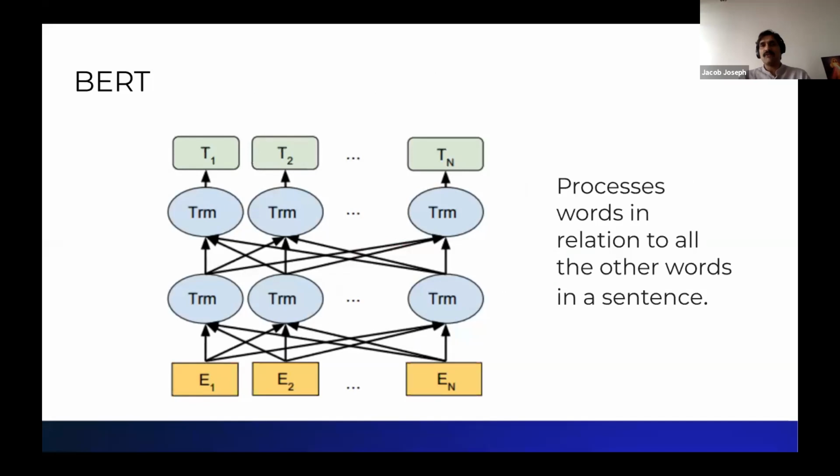Now, Google had come out with a very strong natural language processing model sometime late in 2018. And what it does is basically it processes words in relation to all other words in the sentence. That means it maintains the context of the word. For example, take the word bank. Now, bank can be used in various contexts. It can be your savings account, a bank account, or it can be the river bank, right?